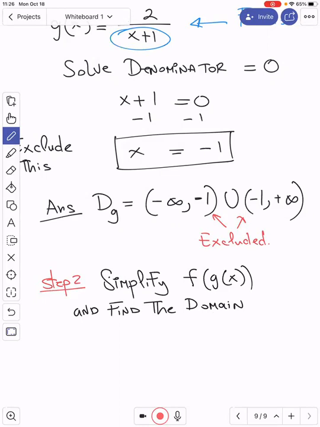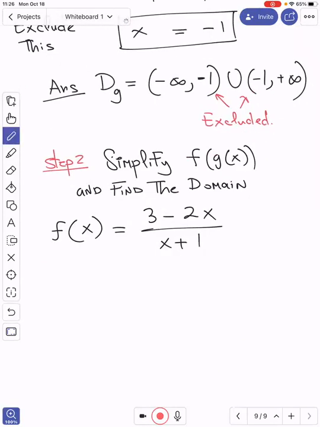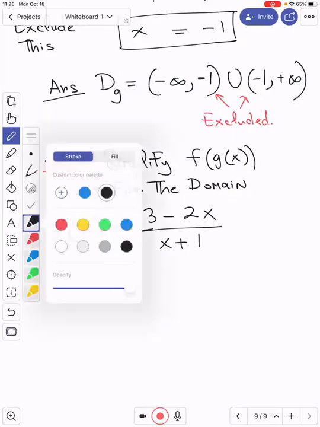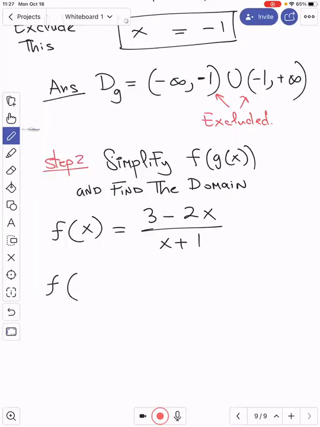All right, so we need to compute this f of g of x. First, I'm going to write down f. It's 3 minus 2x over x plus 1. And we need to replace x with g. So f of g of x.